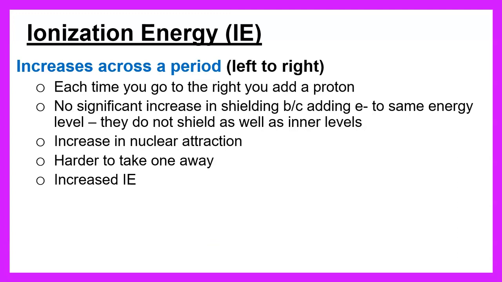You should start to feel like your reasonings are repetitive. If you really understand the atomic radius reasoning, these ones will come very easy to you, I find. They're all connected because if you remember from our previous lesson, everything is about attractions and repulsions.